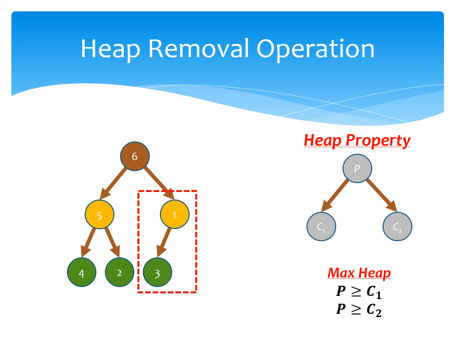Therefore, we need to check whether the subtree still maintains the heap property. As you can see, in the subtree, the parent node is 1 and the left child node is 3, which violates the heap property of the max heap. For this reason, we need to promote the largest child node to the parent node.